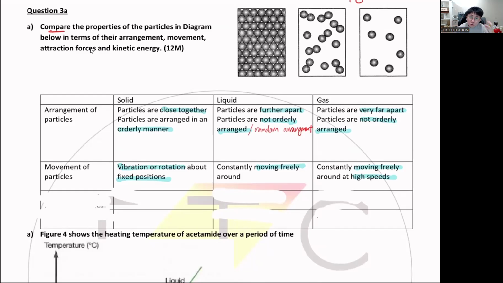So the strength of attraction is based on the distance between particles. So solid, very near, side by side, strong attraction. While liquid is getting weaker, gas is the weakest. So we can go with strong, moderately weak, very weak. So guys, literally 1 mark, 1 mark, 1 mark. Okay or not?